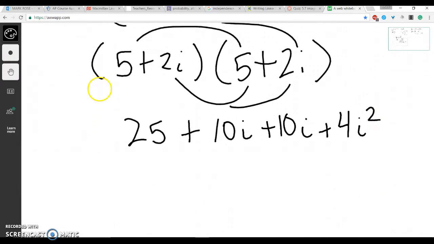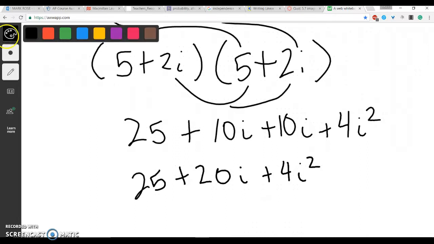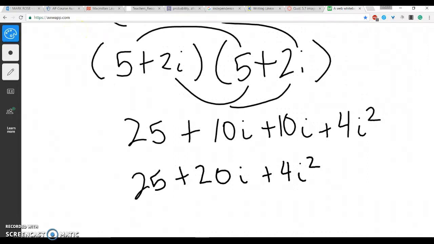Now we're going to combine some like terms. So 25 plus 20i plus 4i squared. This is the only step that is going to be different than how we treat a normal variable. It's when we get this i squared. Now, if you think off to the side, i squared would really be the square root of negative 1 squared, because that's what we called i. And then a square and a square root cancel each other.